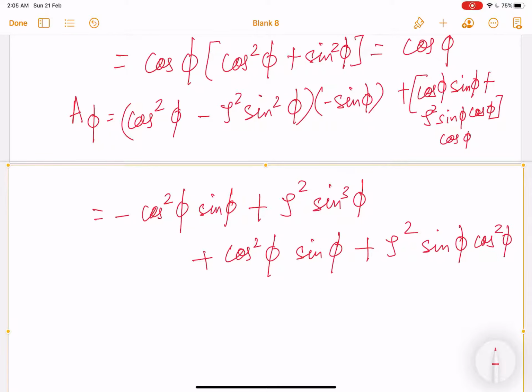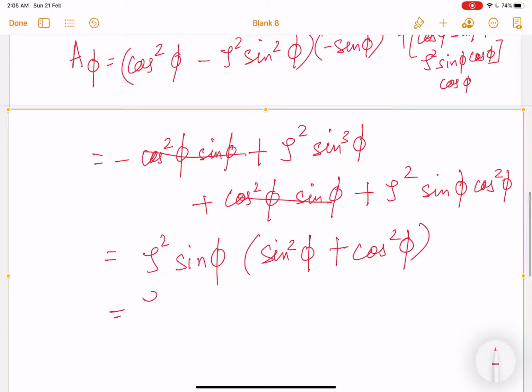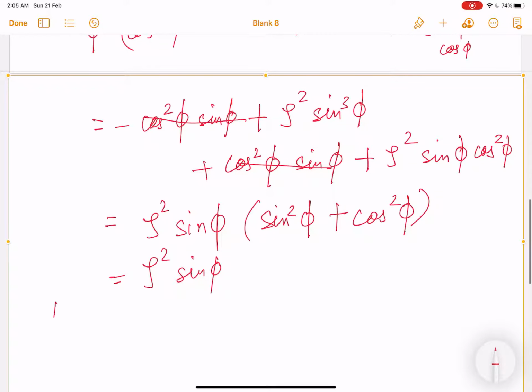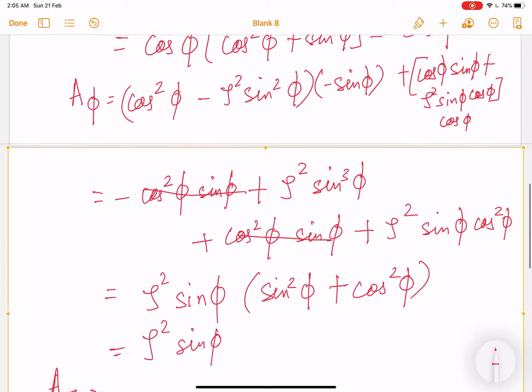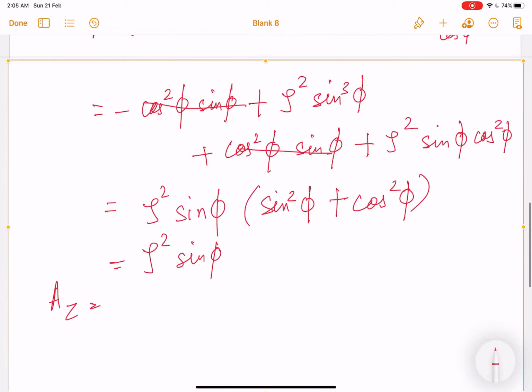Wait, nothing is getting cancelled. Oh, these two terms are getting cancelled. Great. If I take rho square sin phi common, I get sin square phi plus cos square phi, which is also 1. So this also got simplified. Then AZ is 1; it will not change.